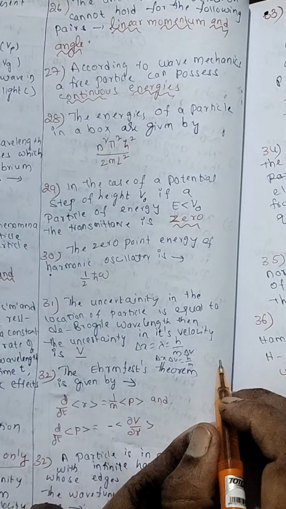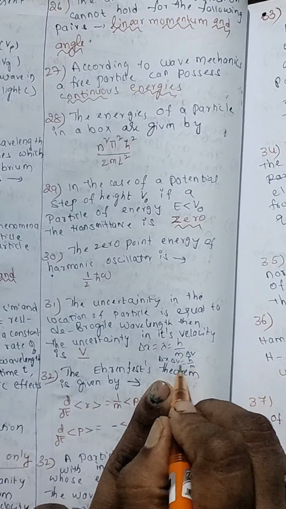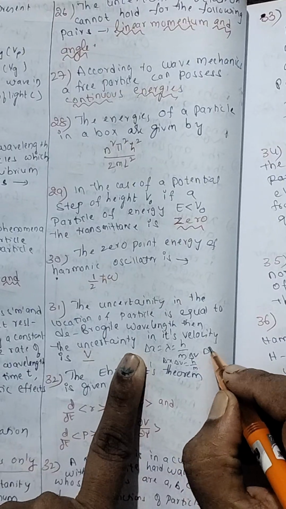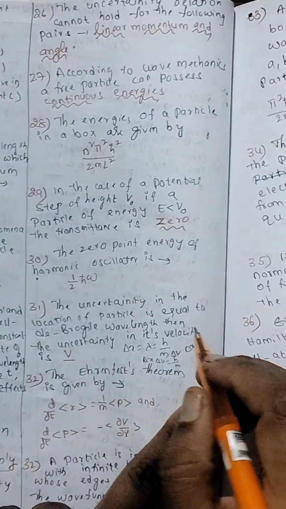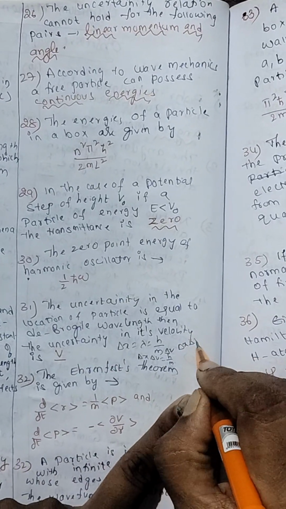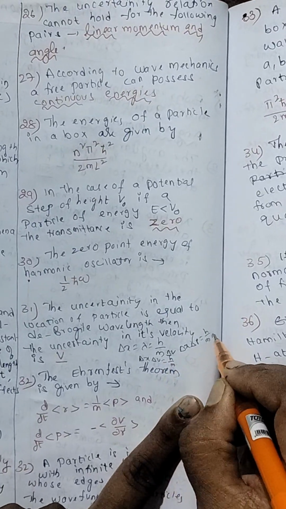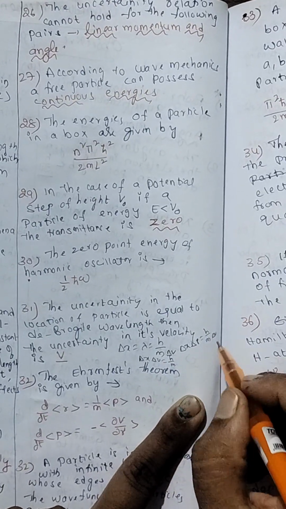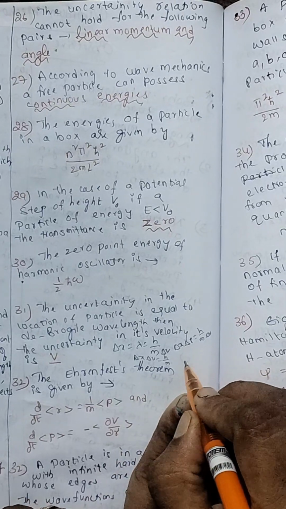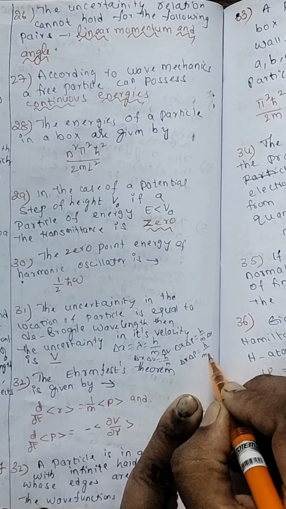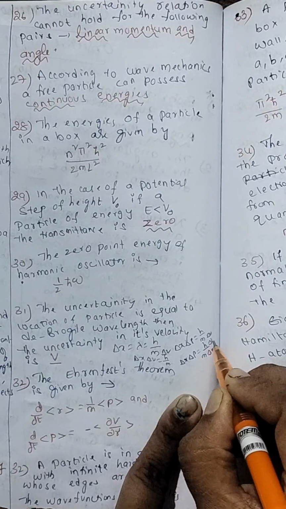Now the uncertainty principle: delta x delta p is equal to h by m. This I am writing with delta v. Now, delta v means what? Delta x, delta p, h by m, delta x by delta t.